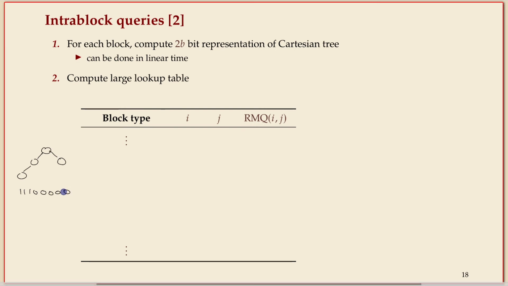Okay. So I would put an entry for this block type, and every combination of i and j. In my case, this is just 4 elements. So this would correspond to a fairly small array of 4 different elements.